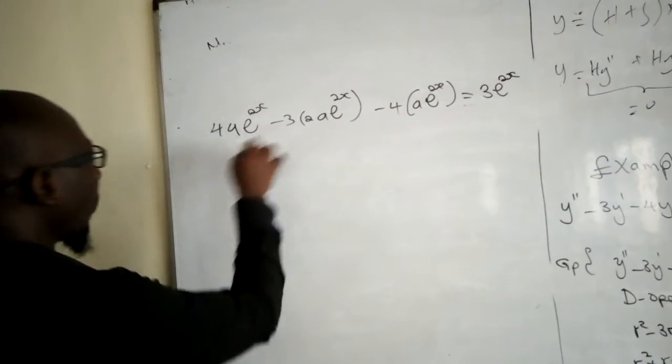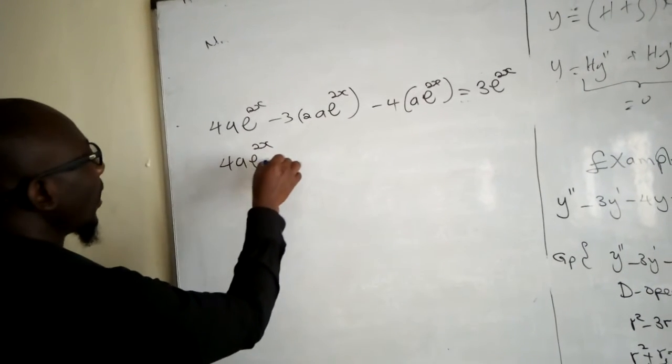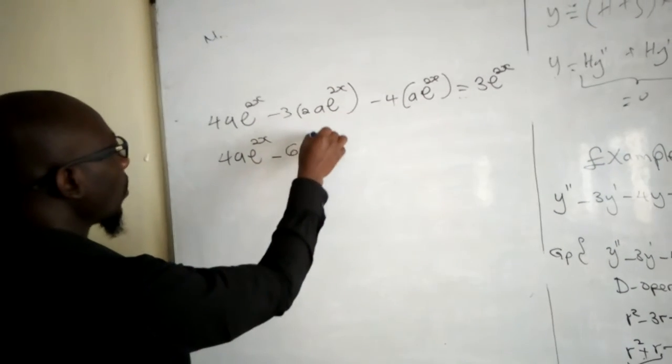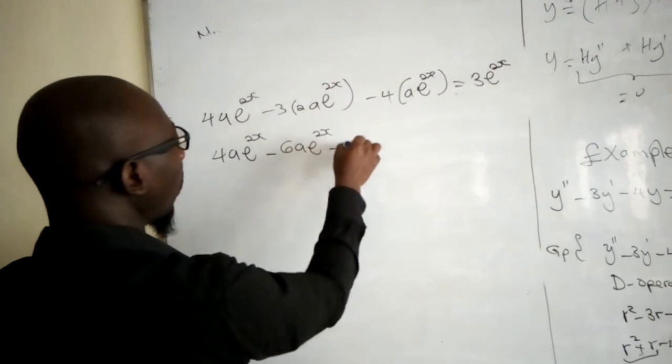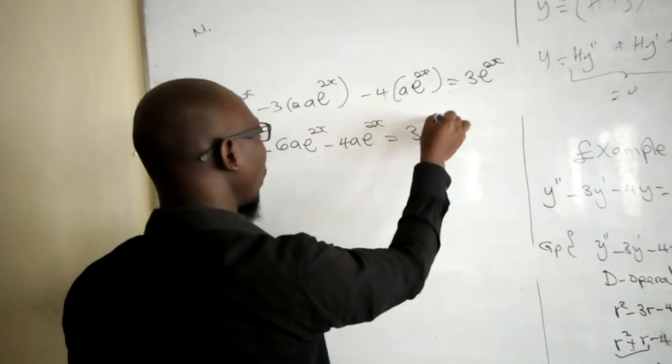If you expand the brackets, you get 4a exponential of 2x minus 6a exponential of 2x minus 4a exponential of 2x equals 3 exponential of 2x.